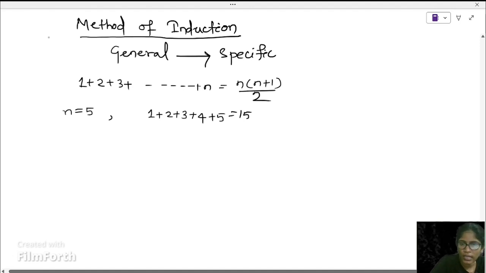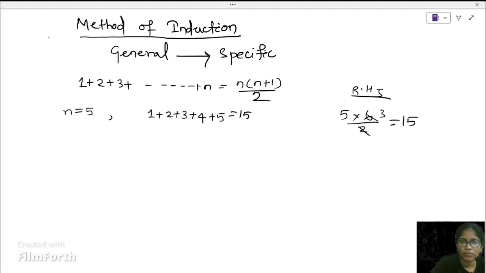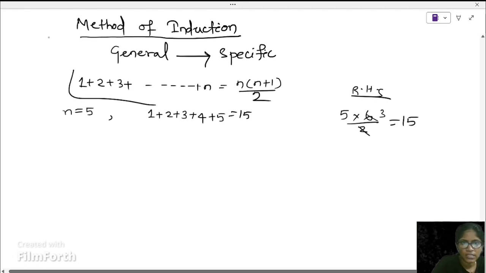According to the formula, from the right hand side, in place of n we put 5 into 5 plus 1, which is 6, divided by 2, which equals 15. Like this, from some specific formulas or derivations we got a general rule. This is our general rule.